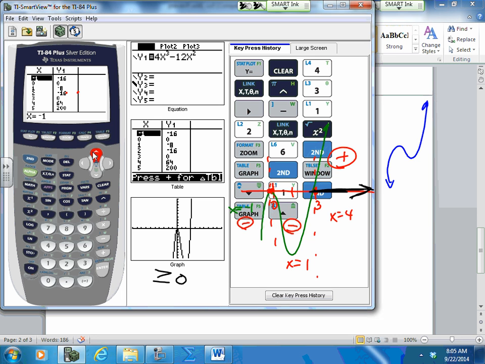This is greater than 0. There's my plus. But this little point right here, that's equal to 0. So your solution says 0 or 3 to infinity. Can everybody see that written over this mess here?